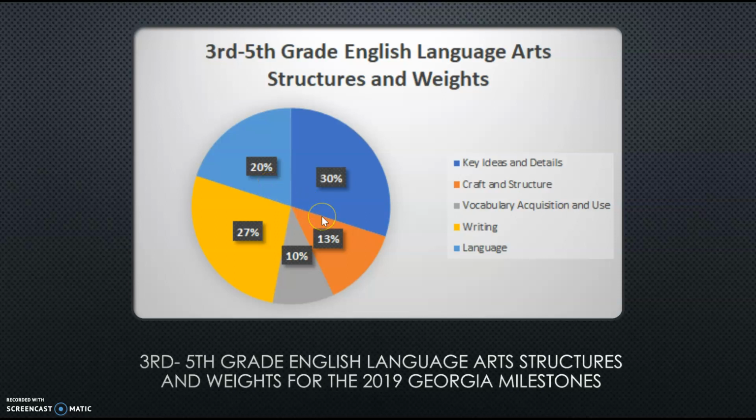Again, this is for grades 3rd, 4th, and 5th on the English Language Arts test of the 2019 Georgia Milestones. ESOL and ELA teachers alike should be looking to target instruction on key idea and details and writing, since these two domains account for close to 60% of the overall test.